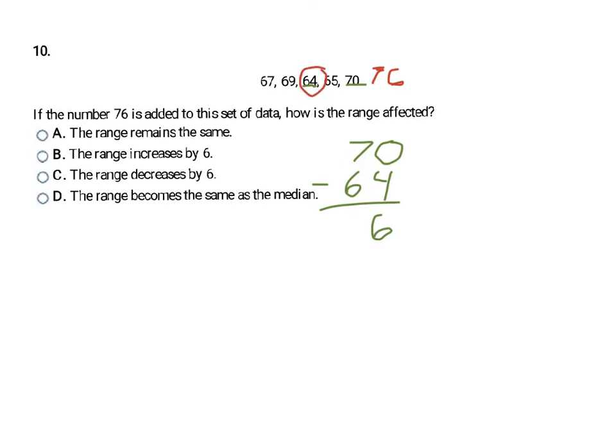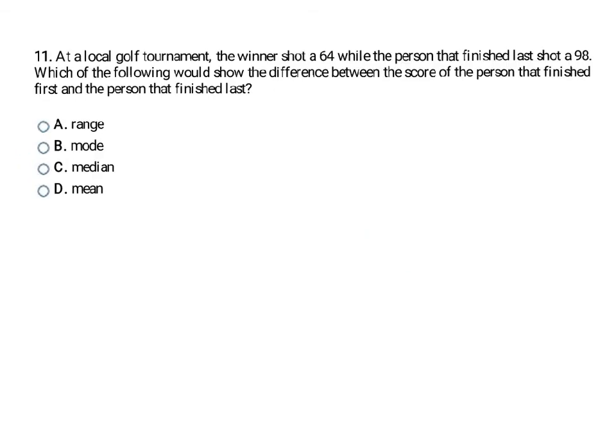So 64 is still my smallest number, but now 76 is my biggest number. So I'm going to take 76 minus 64, and when I do that, I get 12. And so when I add that number in, it increases by 6. So my range went up by 6, so that's going to make B my final answer.